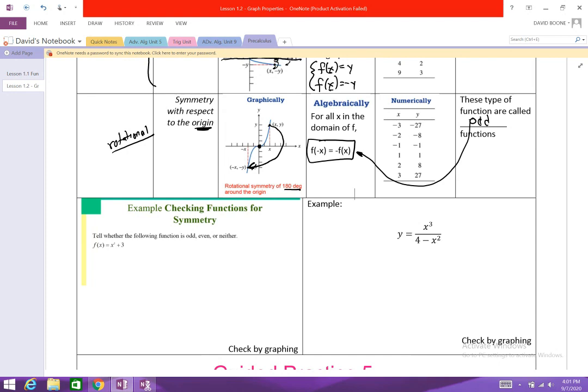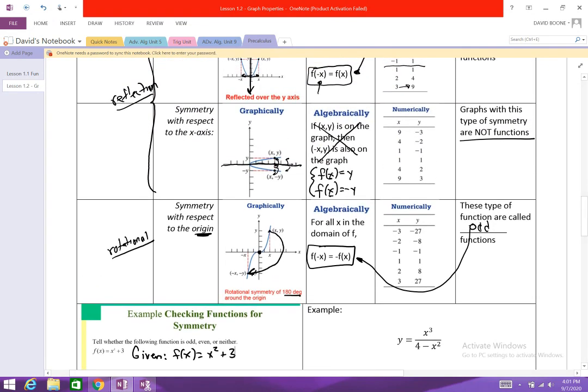So this is what we're given here. I like to write it out that way, to say given, like back in the old geometry days, when we write down our givens. We're given f of x equals x squared plus 3. Now if I look back up here, in both situations what we're doing is putting in the negative value of x, seeing what comes out, and comparing that to see if it's odd or even.